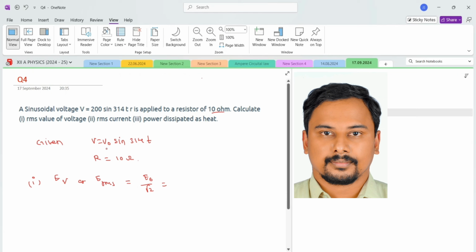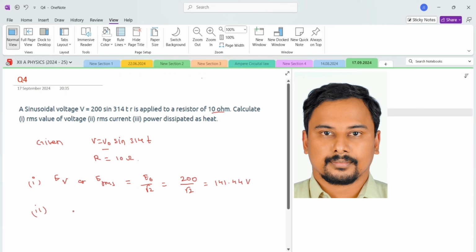You can see that E naught or V naught, whatever you take, V naught will be 200. So 200 by root 2. So this value will be 141.44 volts.